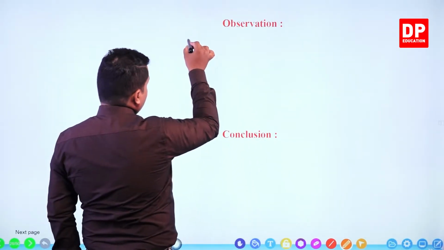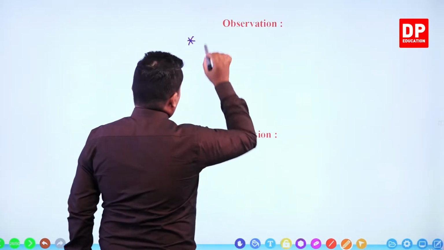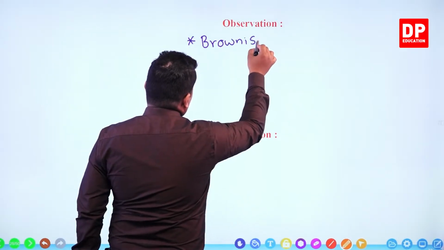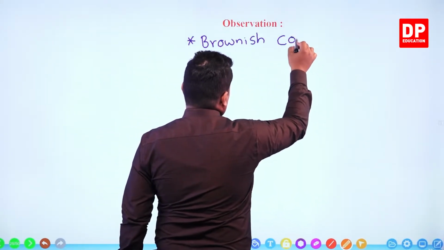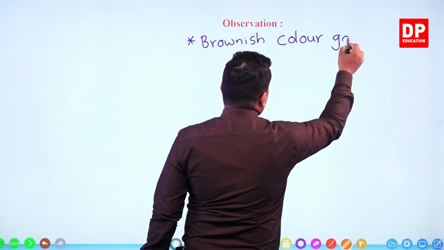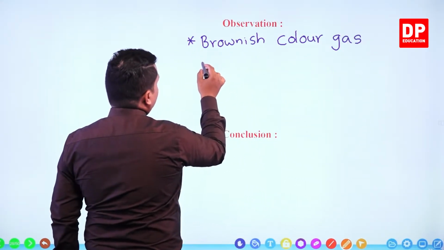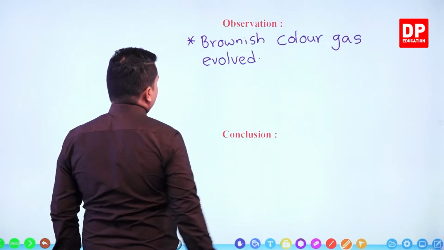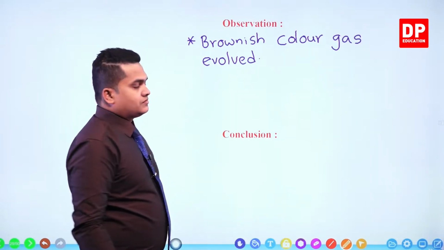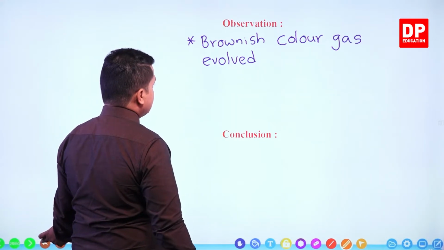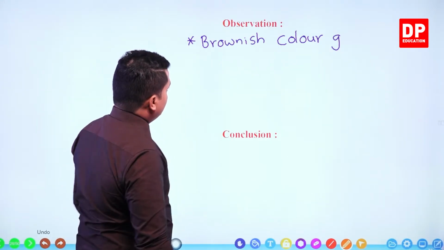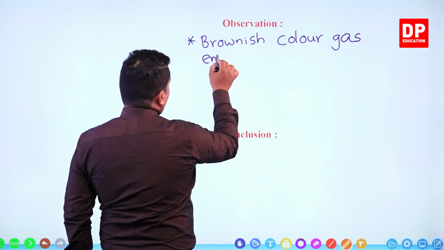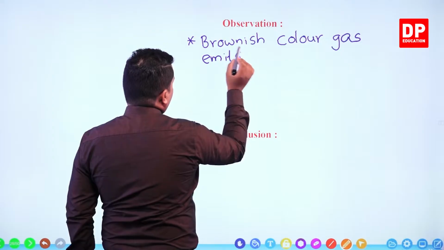So the first one is brownish color gas emits.